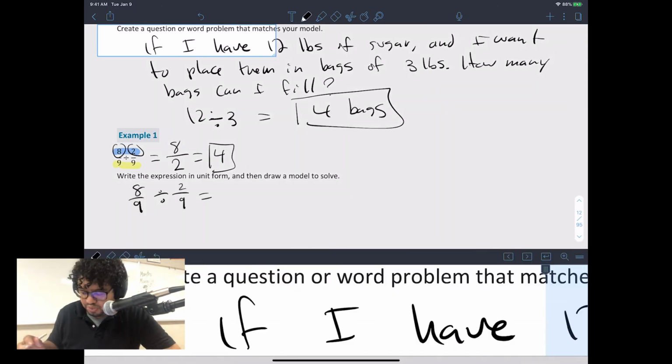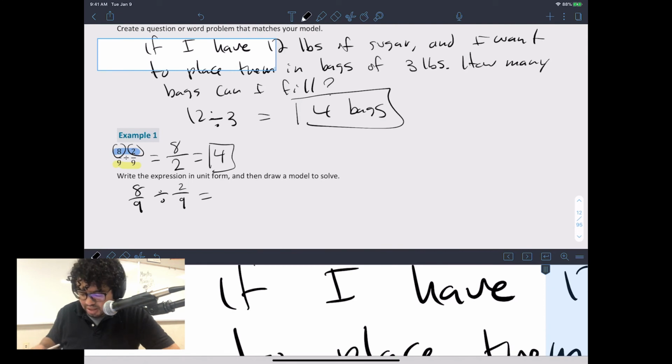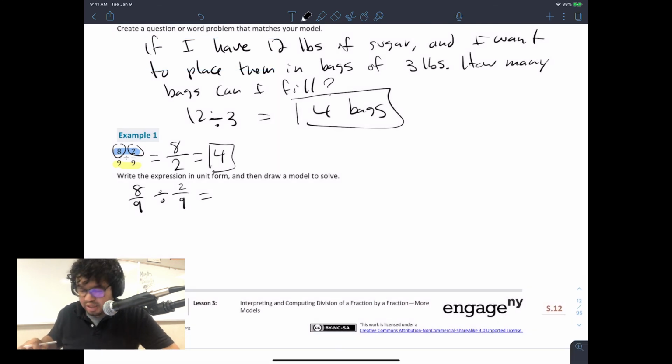Now I have to write its equivalent multiplication expression. I keep the 8/9, change from division to multiplication, and flip the second fraction. Remember, we also called flipping the second fraction the reciprocal. So the 9 goes on top and the 2 at the bottom.